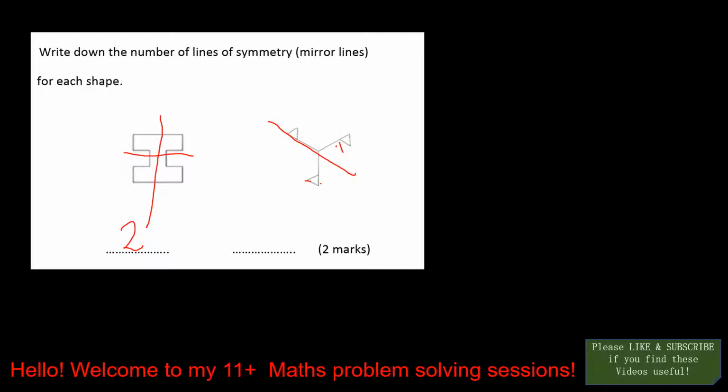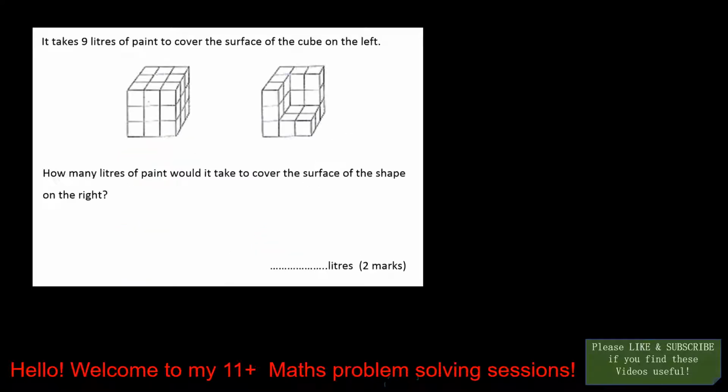This is the same on both sides, but I have nothing on this side for this little triangle, so it doesn't work. So for this shape there are zero lines of symmetry. Okay, so next question.